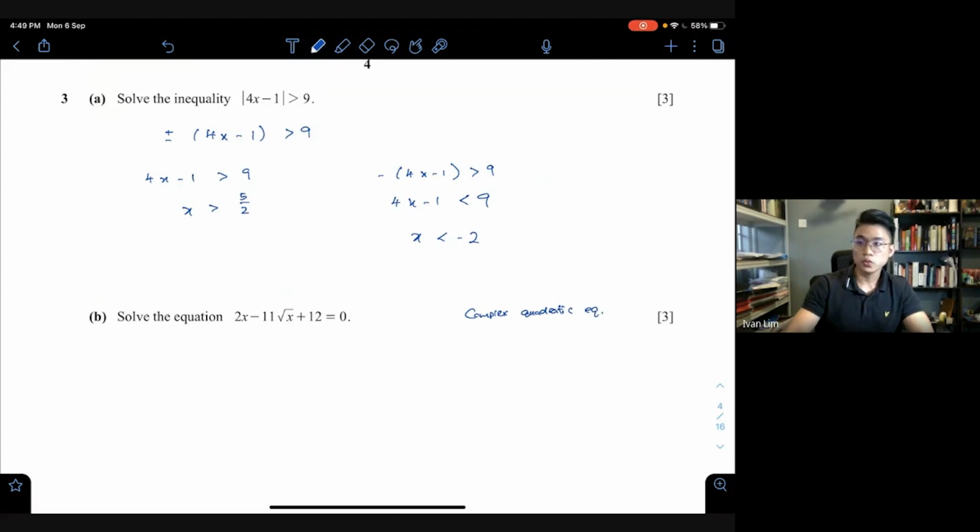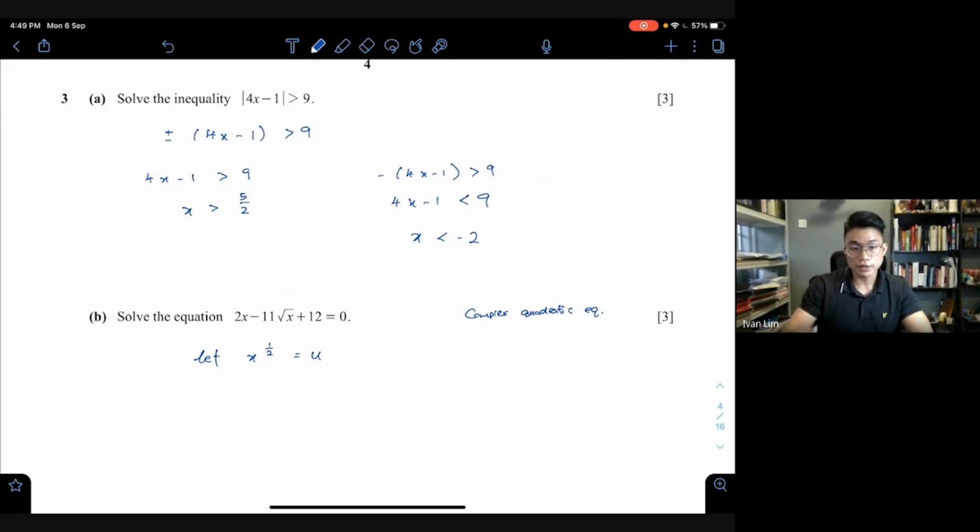Okay? So what we always need to let, we're going to use the let method. What we got to let it is always the power 1 term. In this case, is your root x. Okay, so we let, let's use the value u. We let x to the power half equals to u.